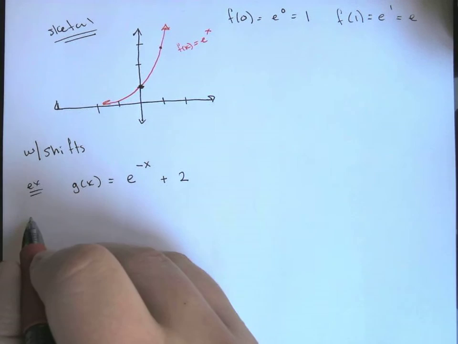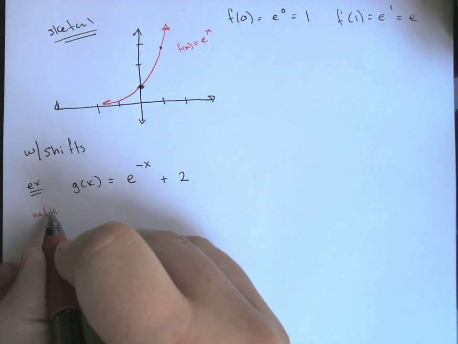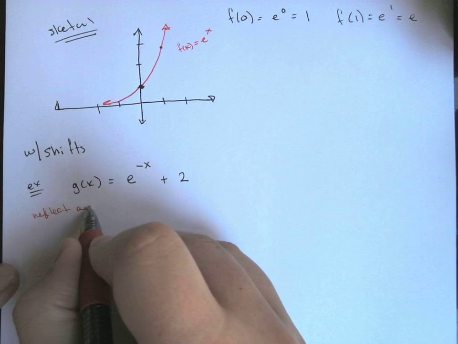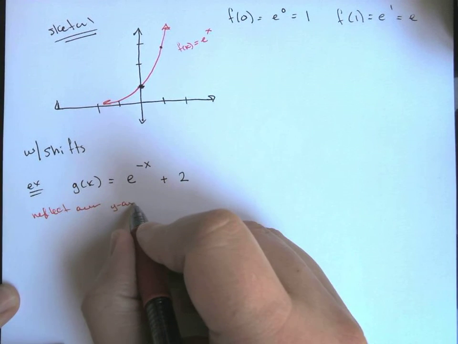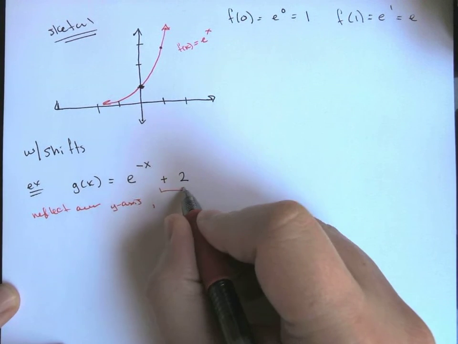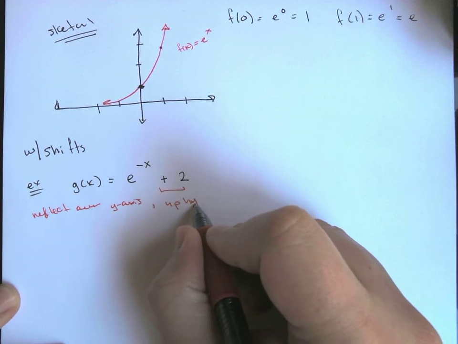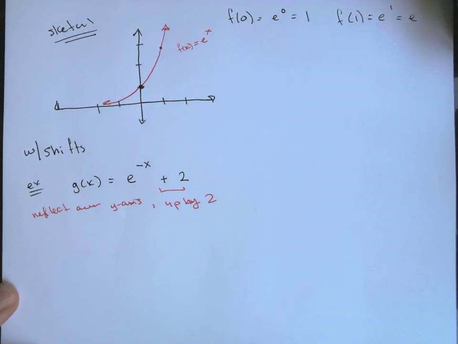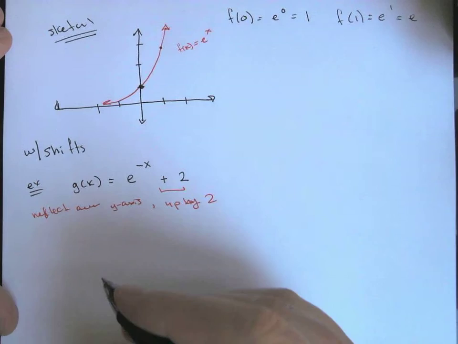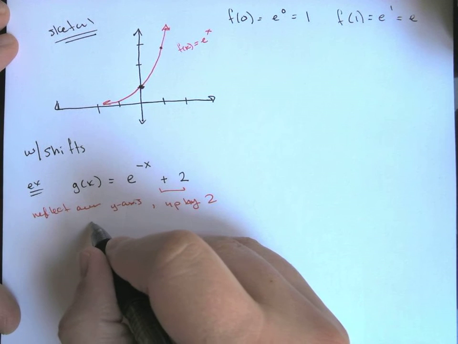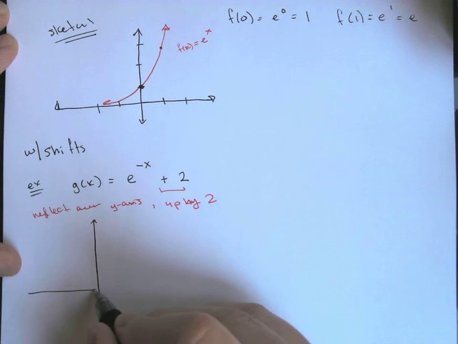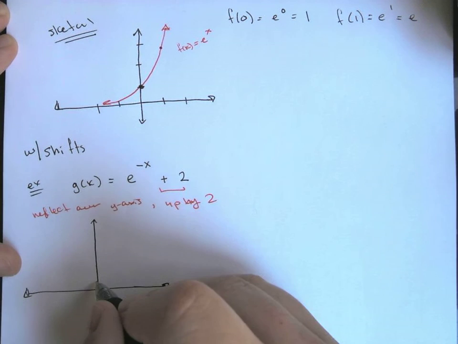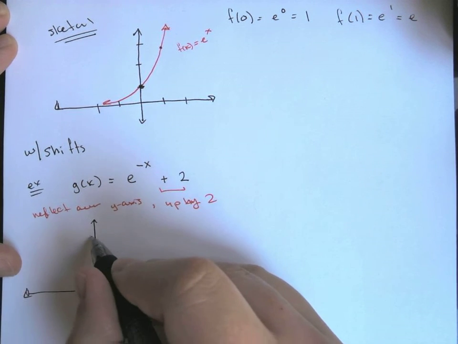So e to the negative x is going to be a reflection over which axis? That's the left-right reflection, so it reflects over the y-axis. And then we're also going to go up by 2. So that's going to flip us left to right, and it's going to shift everything up 2 units. If I drew a sketch, let's go 1, 2, 3, 4.